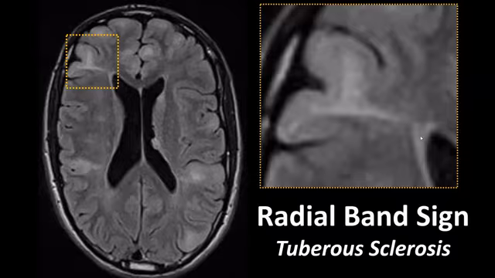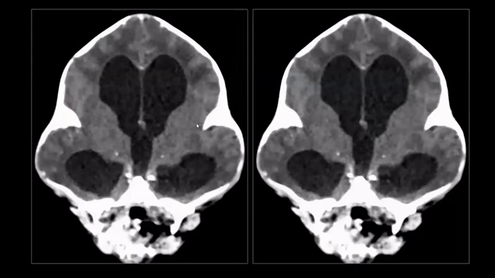This is called a radial band sign, and it's probably similar to the line of scar tissue in focal cortical dysplasia. This patient has multiple of these radial band signs, as you can see. That makes focal cortical dysplasia less likely because that's not often multifocal. And the patient has other hallmarks of tuberous sclerosis, like here a so-called subependymal nodule, which is also typically seen in patients with tuberous sclerosis.